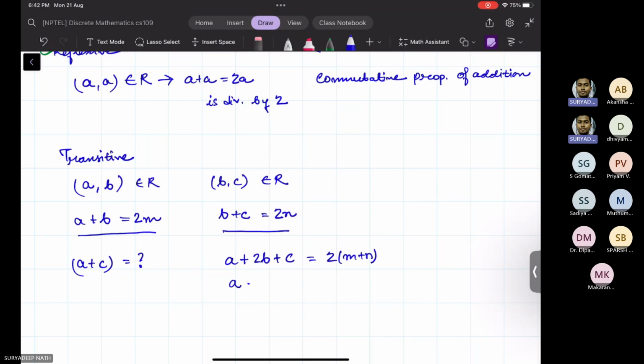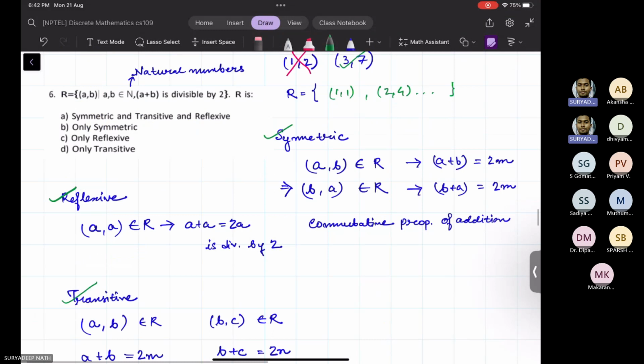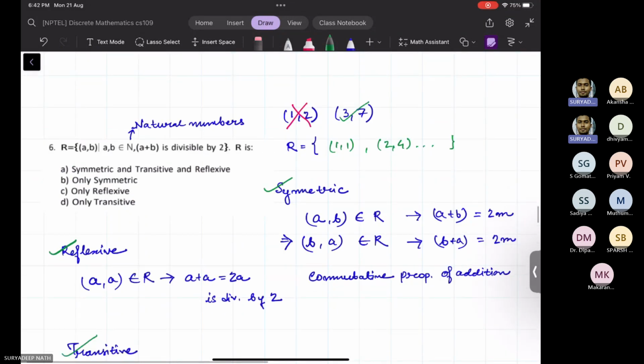And if you take the 2B to the left hand side, it is 2m plus 2n minus 2B. Now this whole thing is divisible by 2. Therefore, A plus C is also divisible by 2. Therefore, transitivity holds as well. Therefore, the right answer is that it is all three: symmetric, transitive, and reflexive.